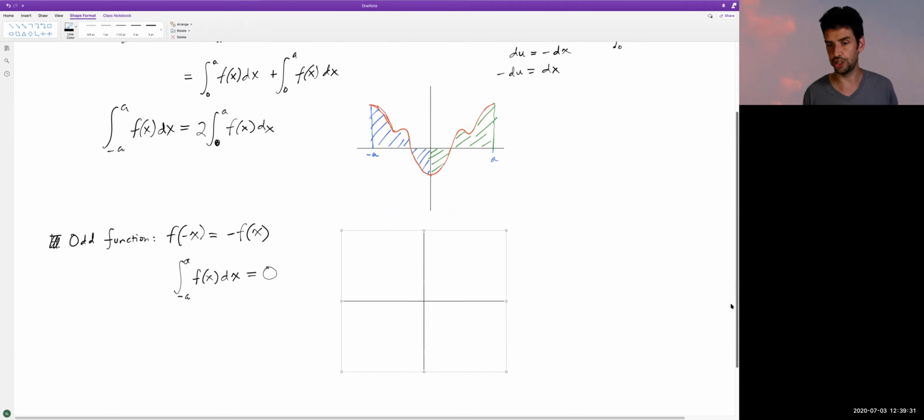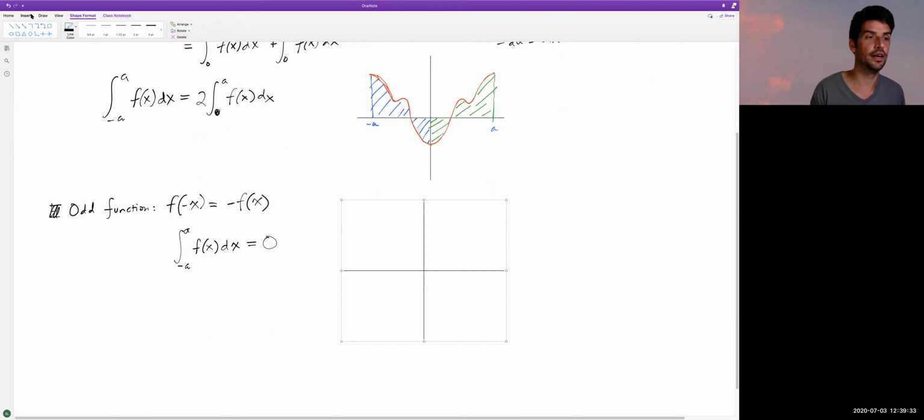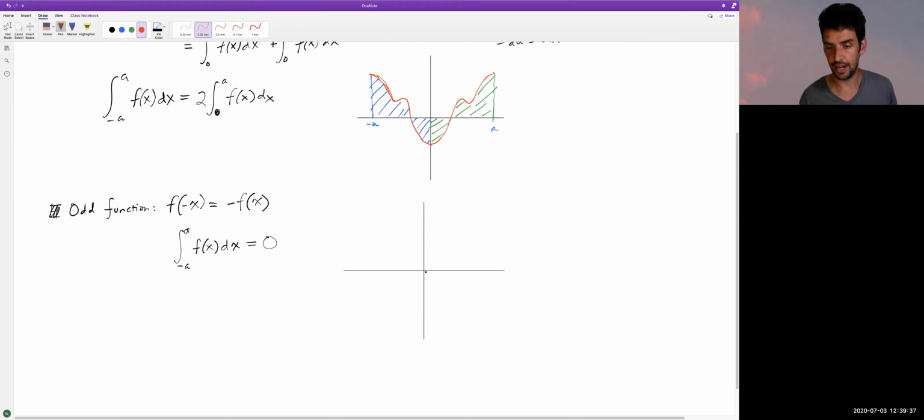So an odd function has the property, which comes straight from this definition, that if I look at what my function looks like on the right side, it's going to be exactly the same on the left side, but in the opposite direction. Right?